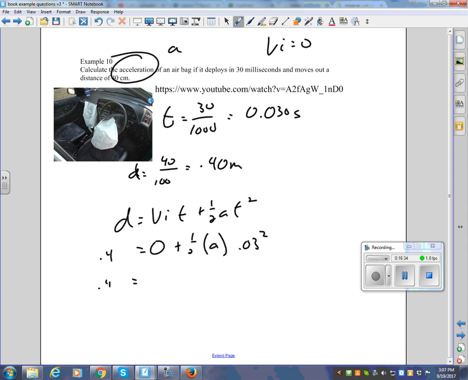Go ahead and tell me what that is. 0.03 squared is going to be 0.0009 times a half. I think it's 0.0045? 3 zeros? What? 0.5 times 0.03 squared is equal to 0.00045.